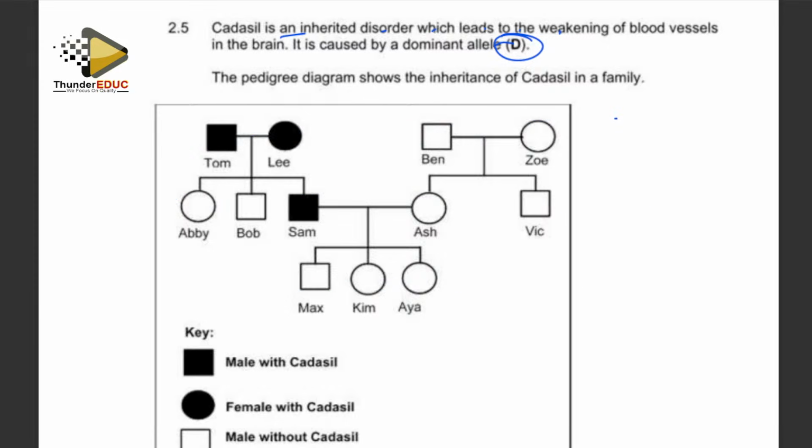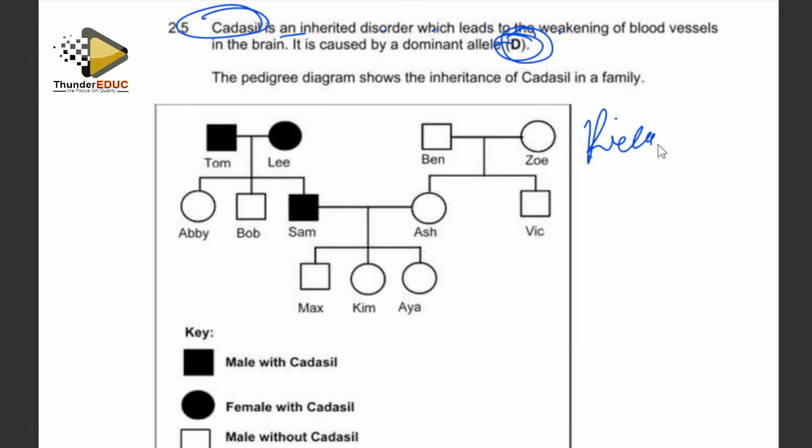What are they saying here? They're saying that since this is a dominant allele, the person who is affected with this disorder must be shaded.